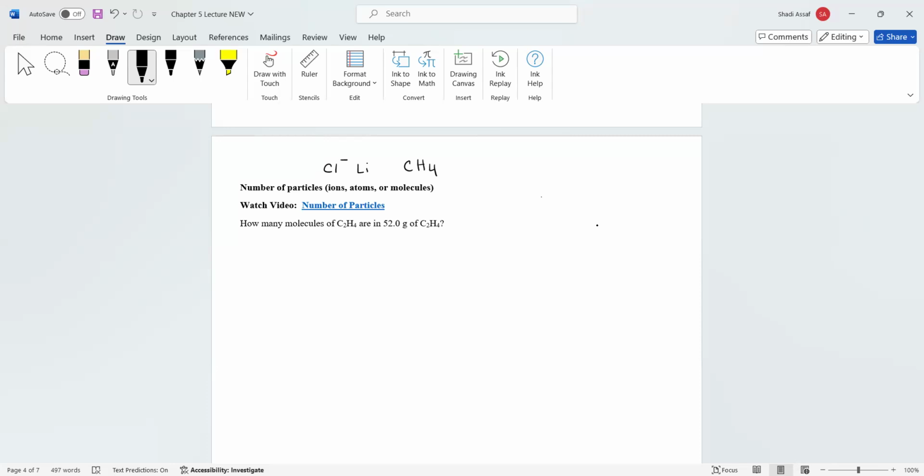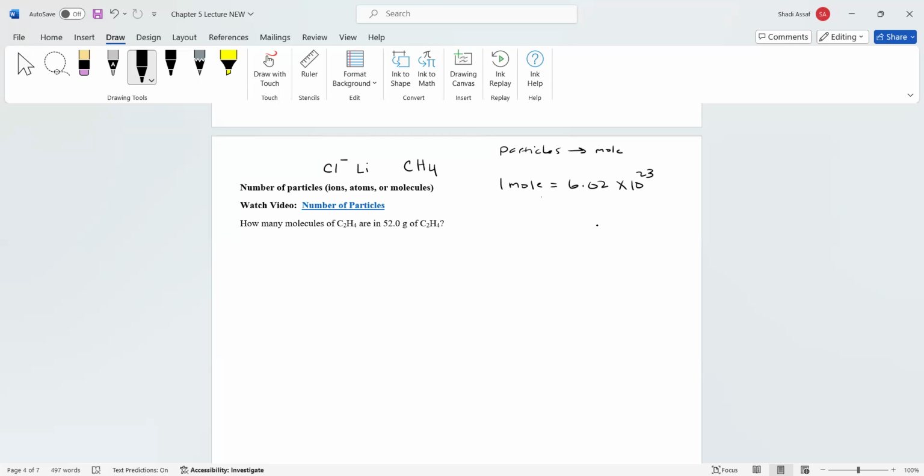Quickly, you need to be aware that anytime you deal with particles, you need Avogadro's number, which is 1 mole equals 6.02 times 10 to the 23rd. So if you need to go from particles to moles or vice versa, you need only Avogadro's number.